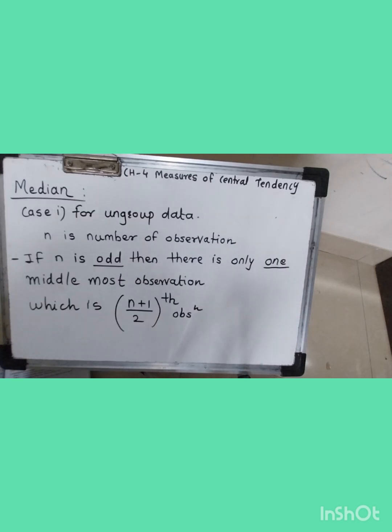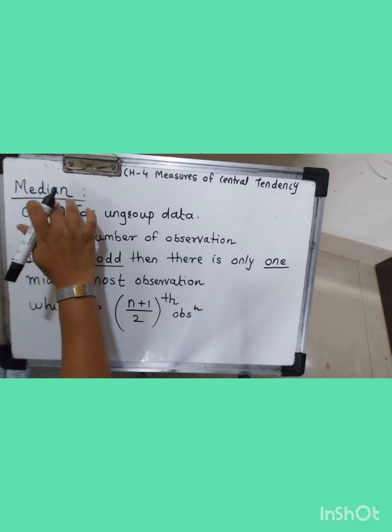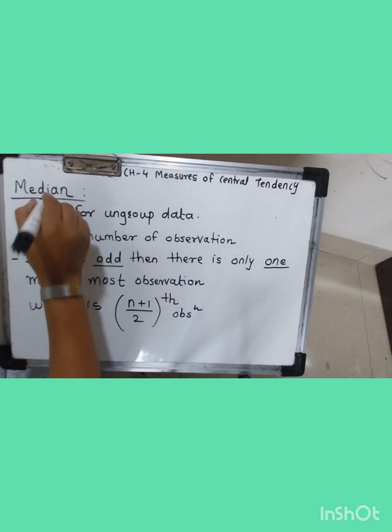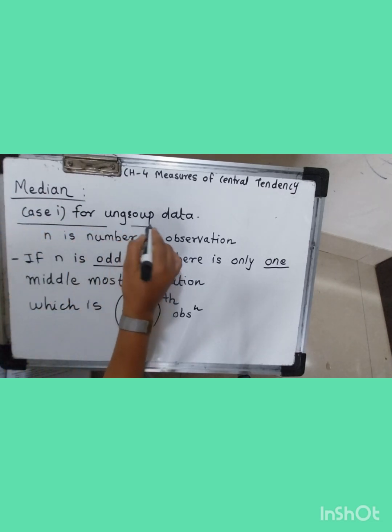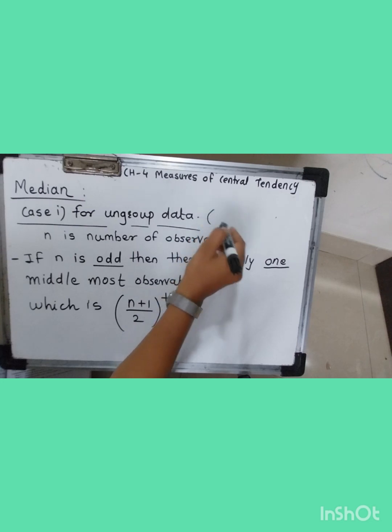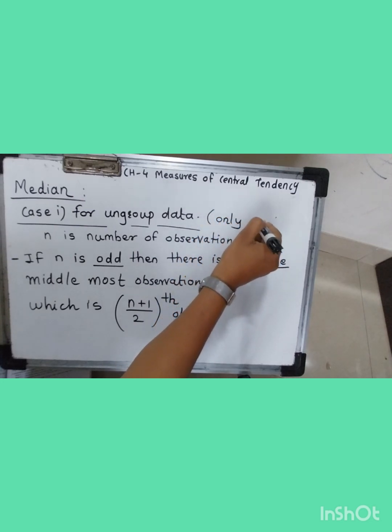For finding the median, there are two cases. Case 1 is for ungrouped data. Ungrouped data means only observations, no frequency.